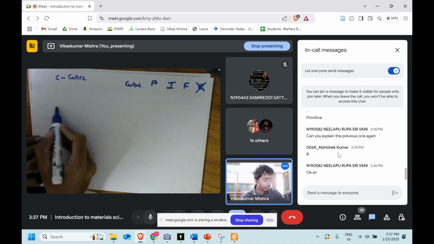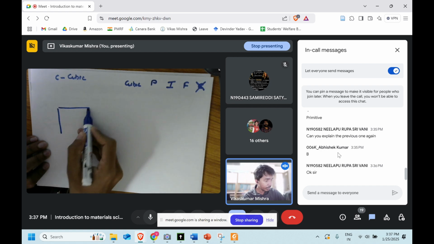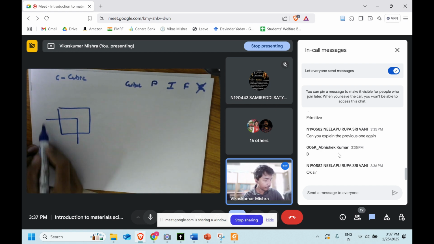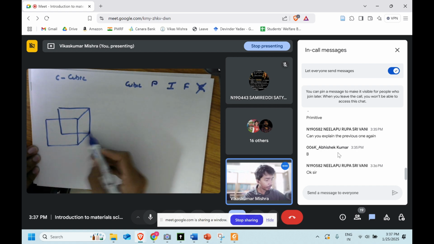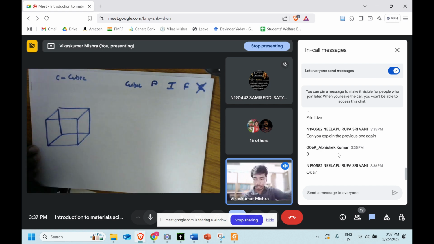So if we draw a cube, I will explain the same thing but at a slower pace. We have the atom at the corner.